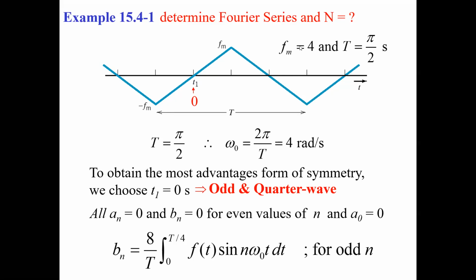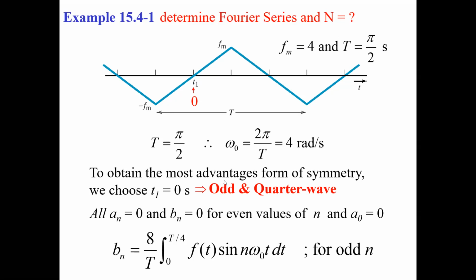So Fm is equal to 4 and T is equal to pi by 2 second. Fm is equal to 4, capital T, the period, is pi by 2. So omega naught is equal to 2 pi by T, which is 4 radian per second. Because if you put the T value, it would be 4, right?